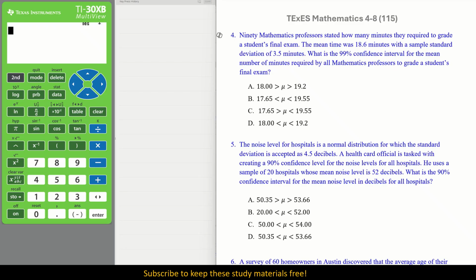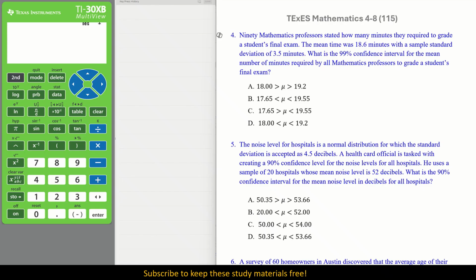Number 4, 90 mathematics professors stated how many minutes they required to grade a student's final exam. The mean time was 18.6 minutes with a sample standard deviation of 3.5 minutes. What is the 90% confidence interval for the mean number of minutes required by all mathematics professors to grade a student's final exam?